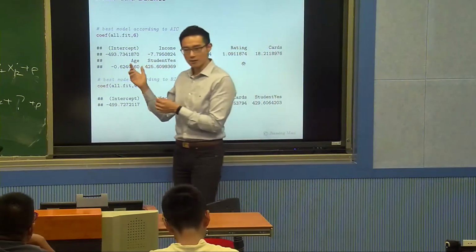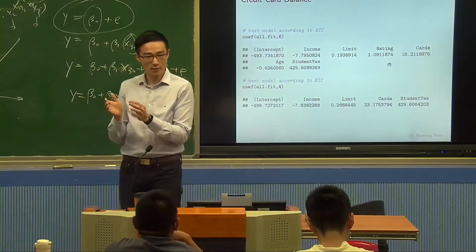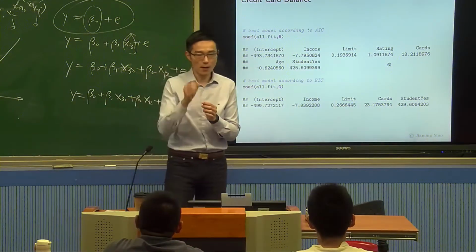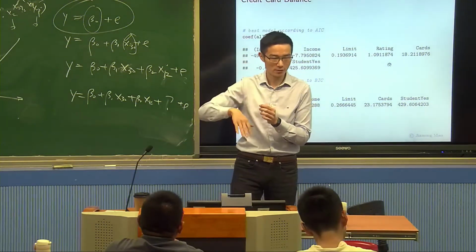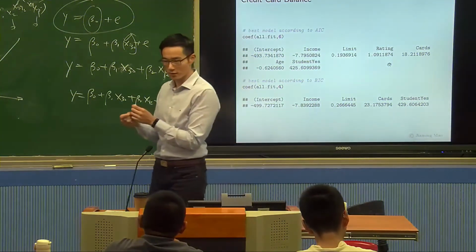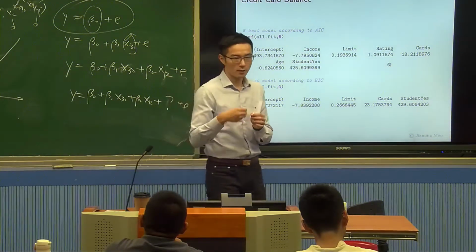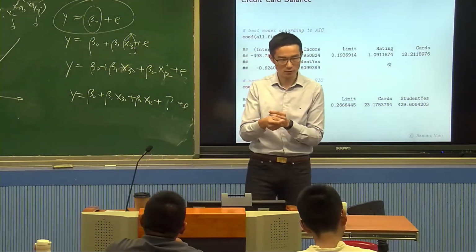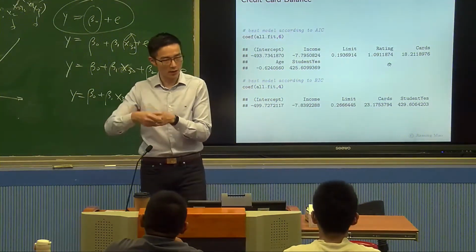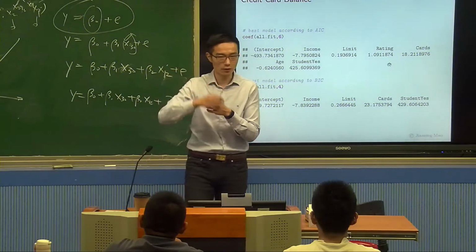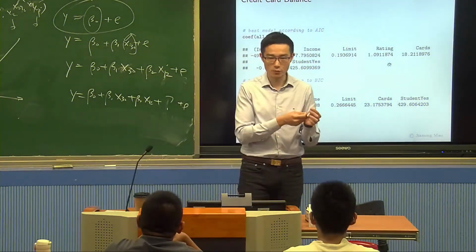In this case, the forward stepwise algorithm has successfully given us the best model without going through all different combinations. It is a more economical, computationally feasible approach to save our computing time, so that we don't have to go through all the different combinations.